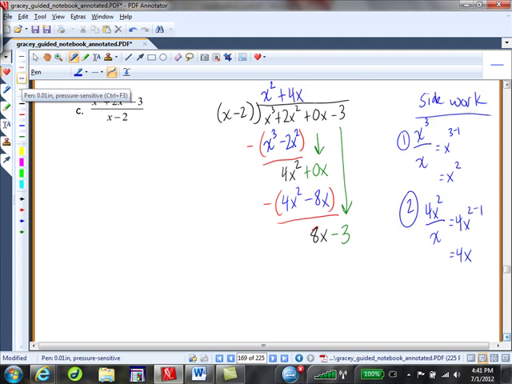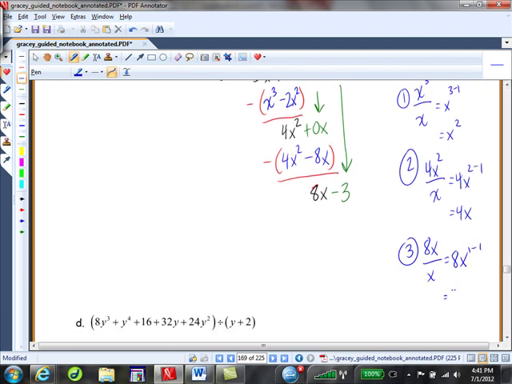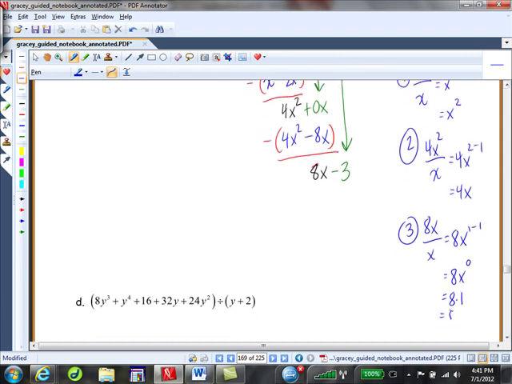And then either you think to yourself, x times what equals 8x? That would be plus 8. Or you come over here and work it out. 8x divided by x equals 8x to the 1 minus 1, which equals 8x to the 0, which is 8 times 1, which is 8.